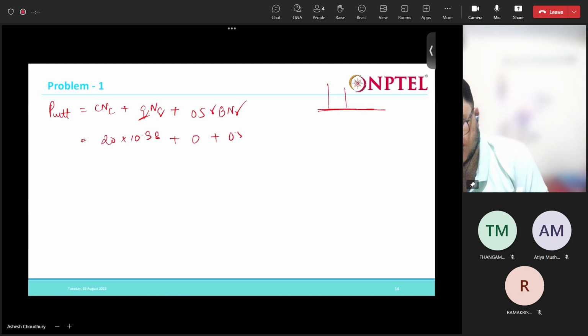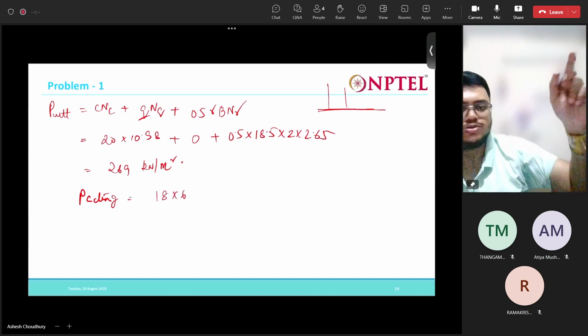Plus 269 square. Now what is the pressure acting? Pressure acting is 18 into 6, right?